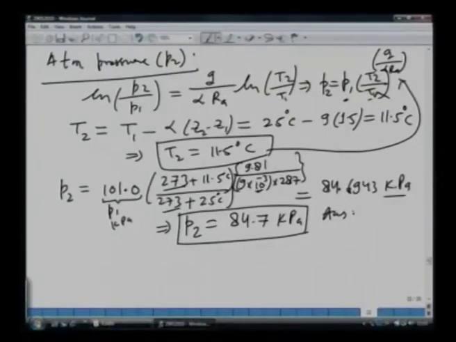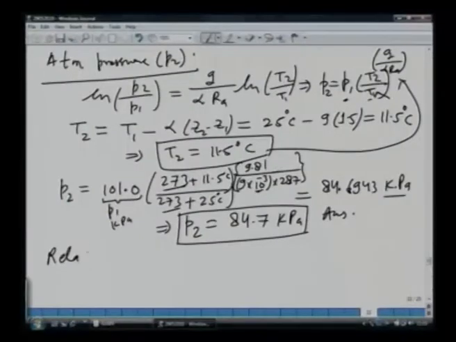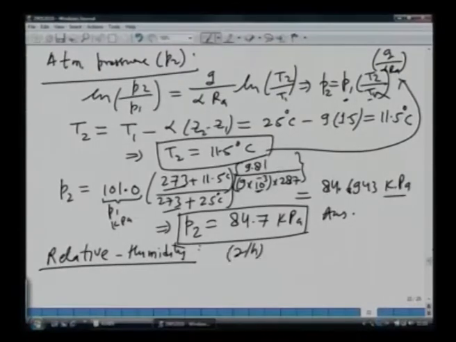The next thing we have to find is what is the relative humidity at a height of 1500 meters. So, you have relative humidity, and you know that this is given as simply E over E saturation at a height of 2, or at 1500 meters.